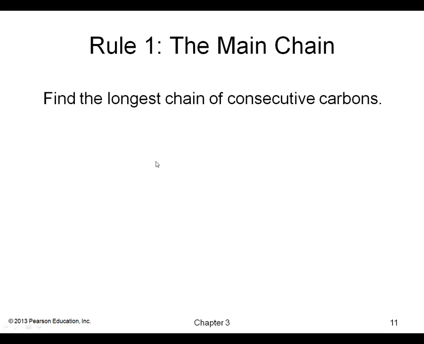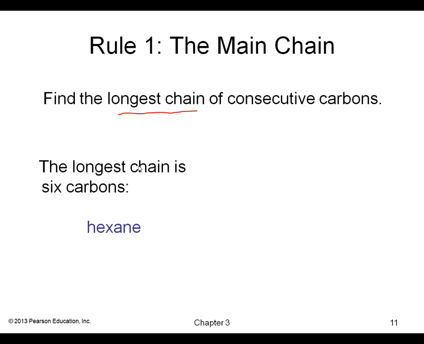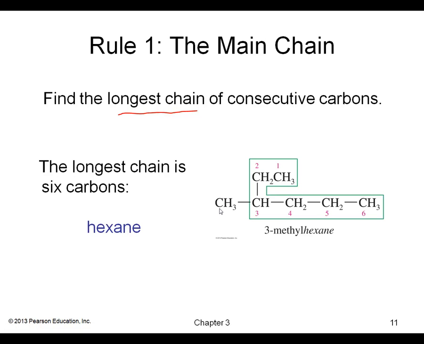Okay, so here we're going to find the longest chain, or what's called the parent chain, using Rule 1. So here is this molecule, and we note the longest chain is right here. We then number this parent chain closest to the first branch. The first branch is this thing here. So 1, 2, 3, first branch.